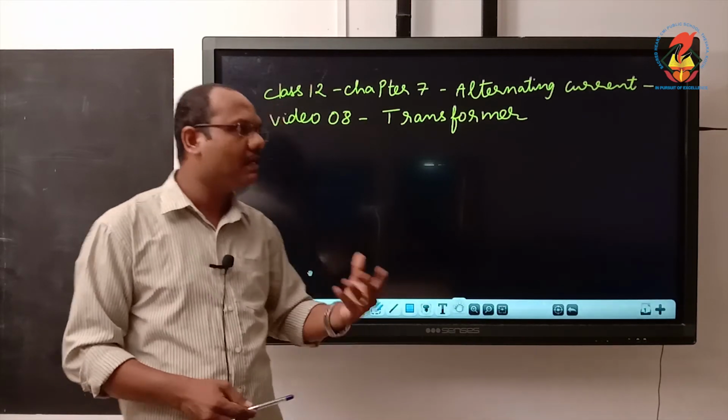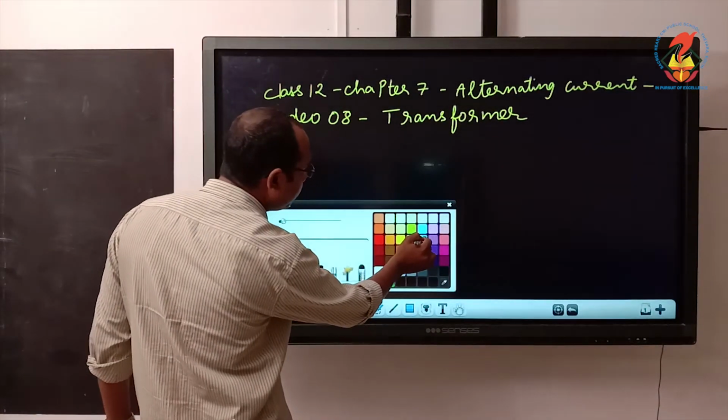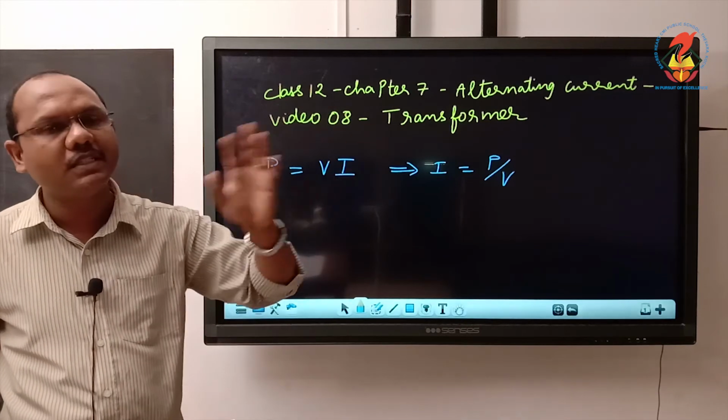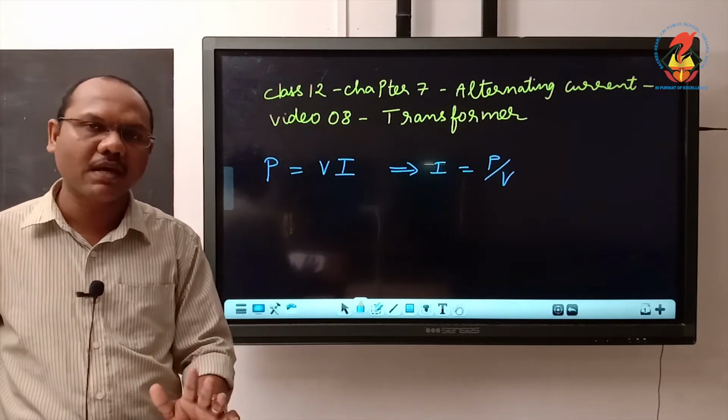Let us see, for example, we want to transmit a power P equal to VI. This is the power that needs to be transmitted. So I is equal to P by V. This power will be transmitted through thick aluminum cables.